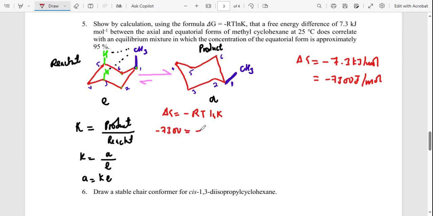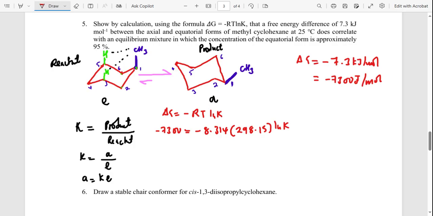And then we have got R, the gas constant, which is 8.314. The temperature we are told is 25 degrees Celsius. That is 298 kelvins. In case you want, put 0.15 because 298 is the same as 298.15. Let me put 0.15 there for the sake of my calculations. 298.15, the natural log of K.